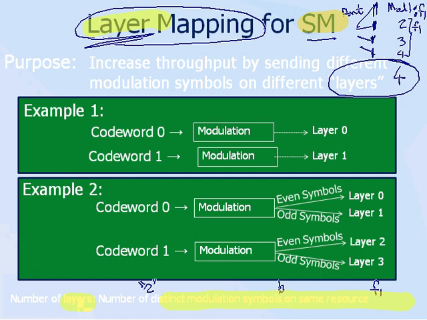In fact, the UE sends a feedback called rank indication, and that rank indication indicates the number of layers, the number of modulation symbols the UE can separate out. Basically, it is the number of antenna signals the terminal can separate out.